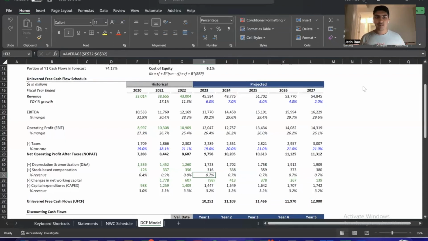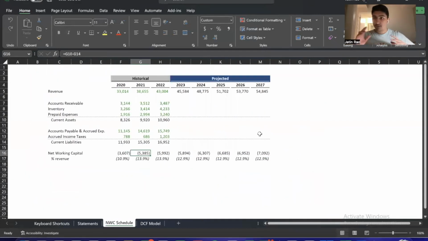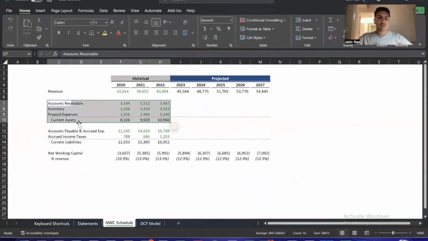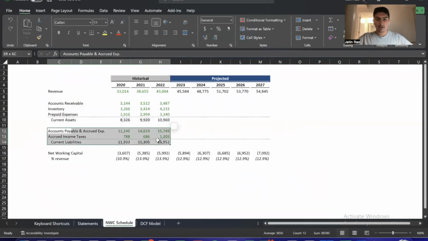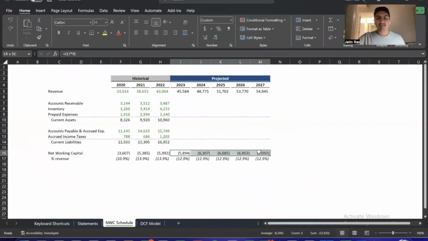Another way that we do it is by calculating changes in net working capital. So during last session, we talked a lot about building out a net working capital schedule. We calculated current assets and current liabilities for working capital historically, and then we projected these numbers out into the future as a percentage of revenue.